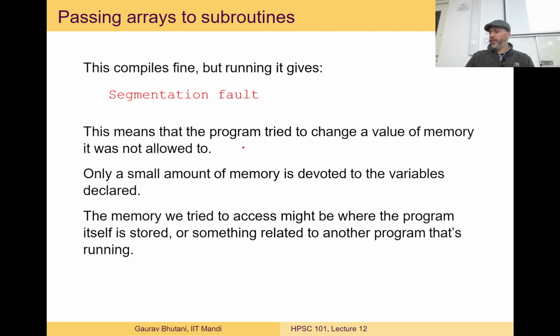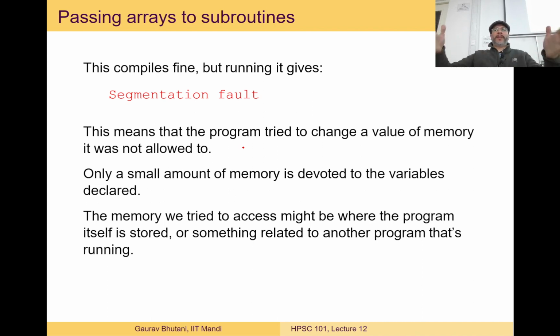This segmentation fault basically refers to the fact that you are trying to access a memory location that you were not allowed to use. Whenever you compile a code, you're telling the compiler that you will be using this much memory, roughly. Whenever you run the code, it will book some amount of memory in the RAM.